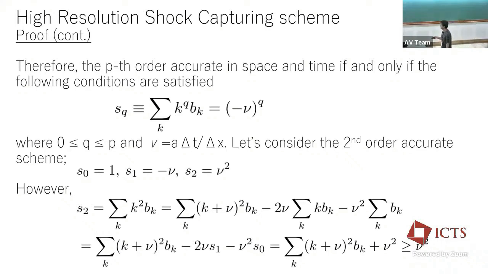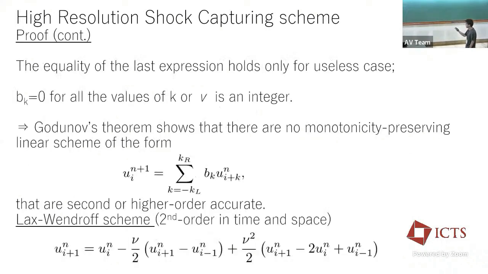This is the meaning of monotonicity preserving and higher order accurate schemes. So equality holds for the last expression only for the useless case, I mean b_k is 0 for arbitrary value of k, which means that you don't evolve this equation, right? So this is Godunov's theorem: there are no monotonicity preserving linear schemes of this form that are second or higher order accurate. This is a very powerful theorem.